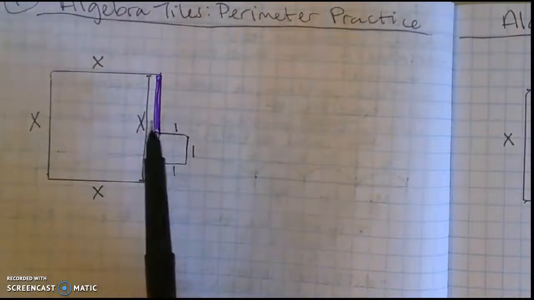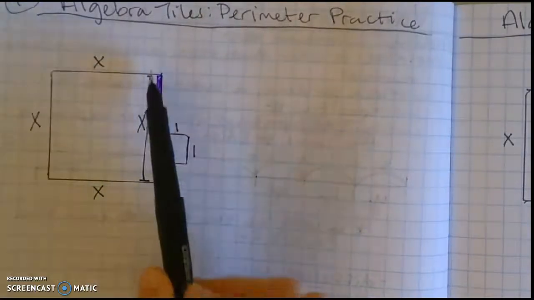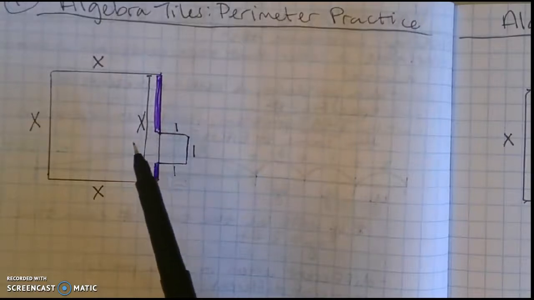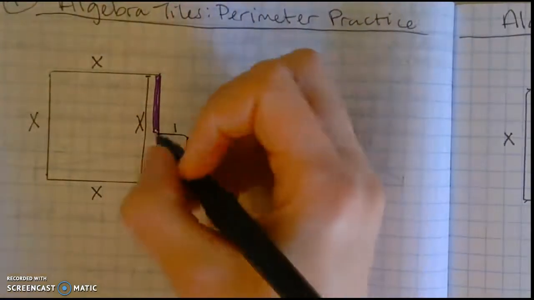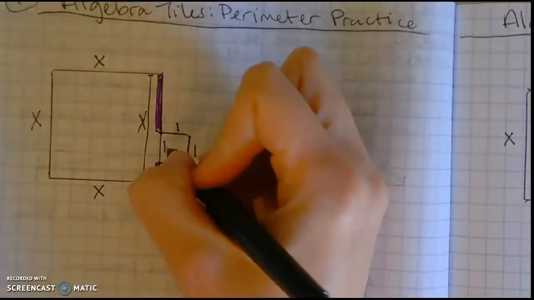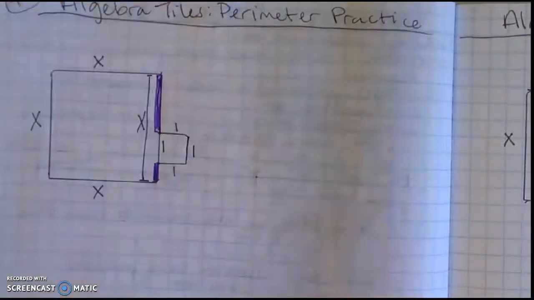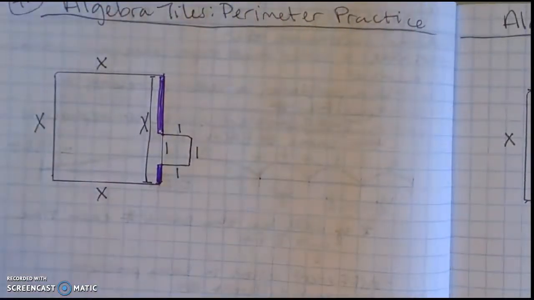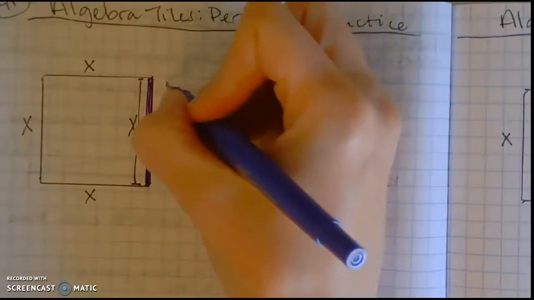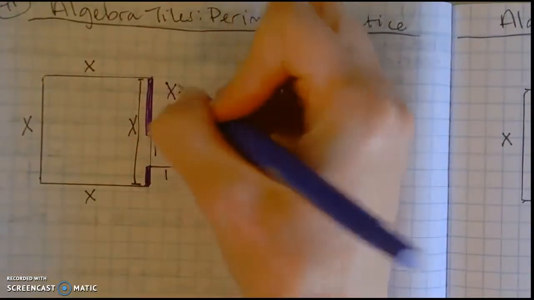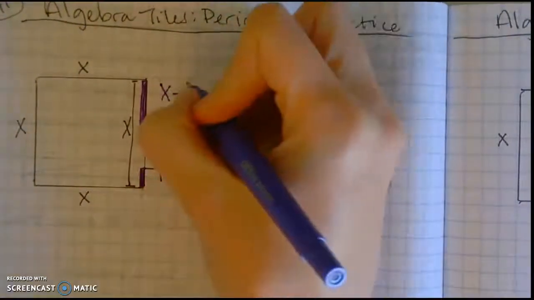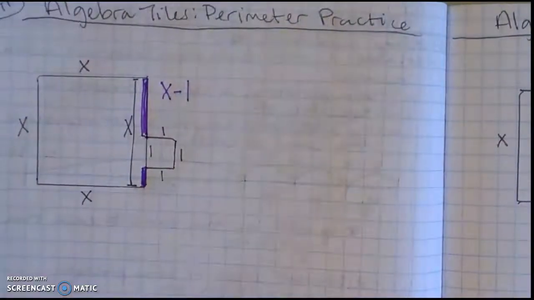So because this is X, I know that this whole side length is X. I only subtracted a piece of it. How much of it did I subtract? Well, this part. So I only subtracted 1 piece of it. So on this side, this purple part is going to be X minus, because I'm just taking out that little section there for 1, okay?